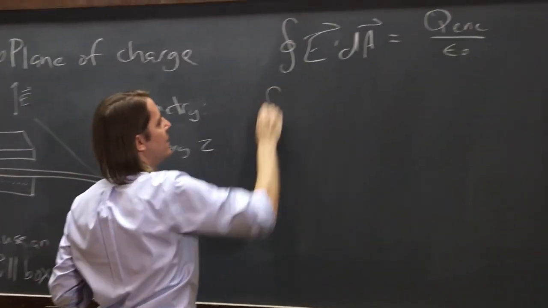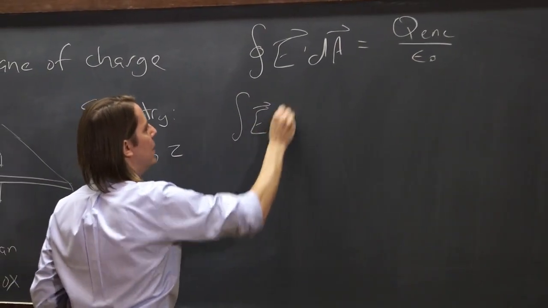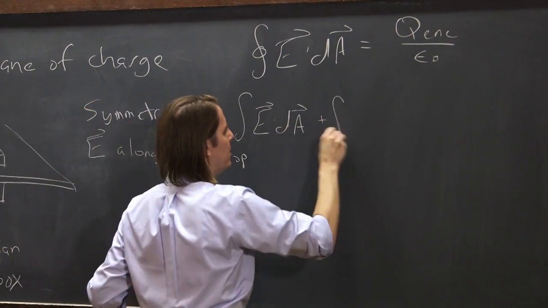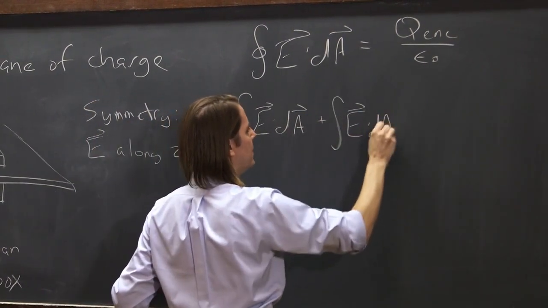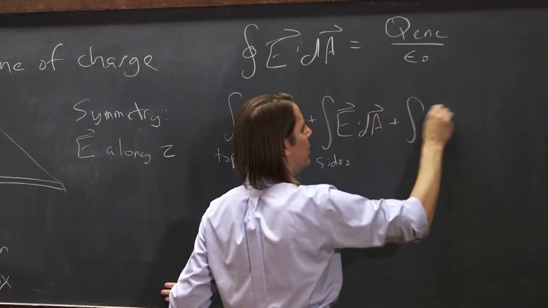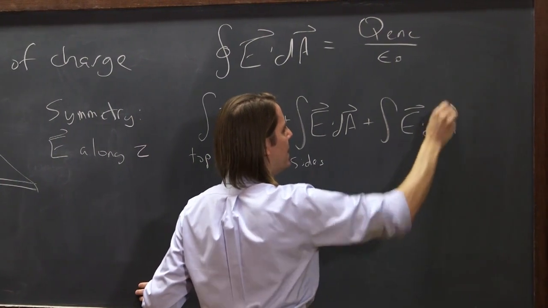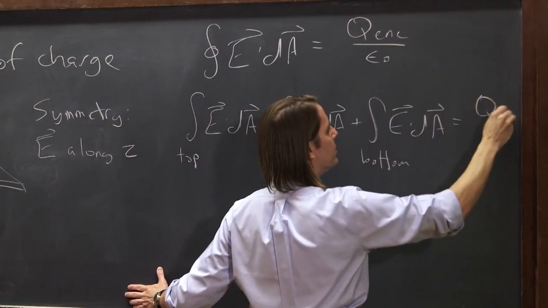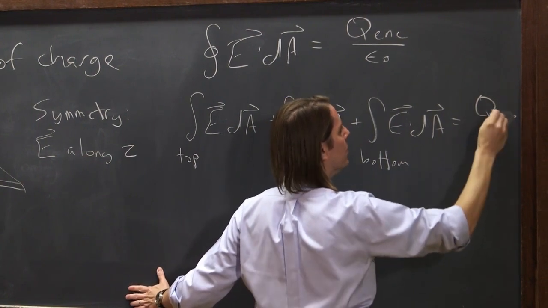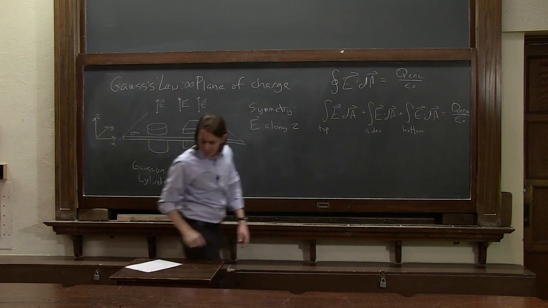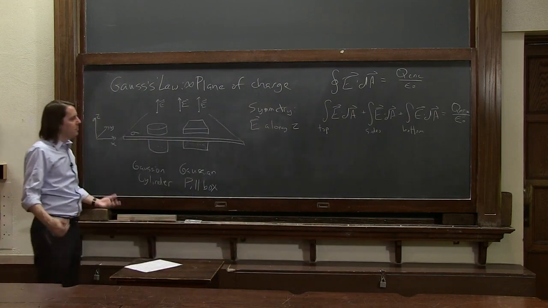So we could say this is the integral of E dot dA of the top plus the integral of E dot dA of the sides plus the integral of E dot dA of the bottom equals the charge enclosed over epsilon naught.